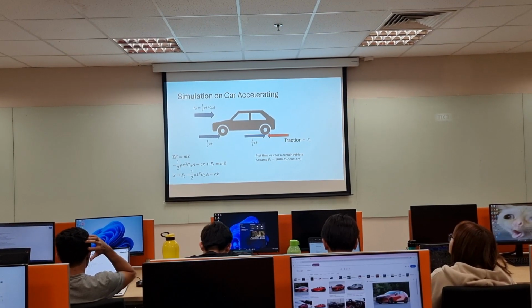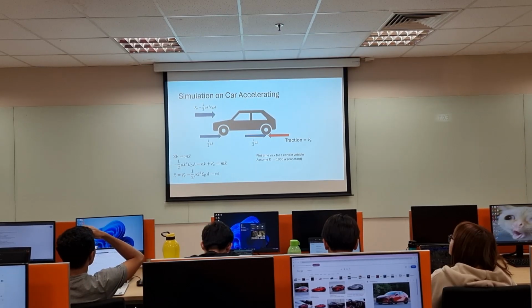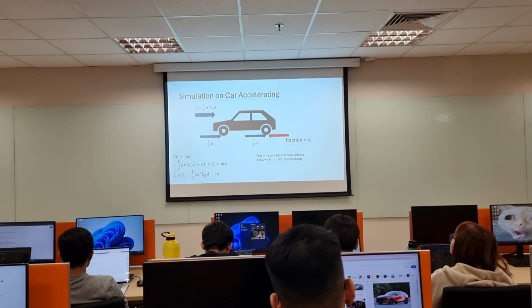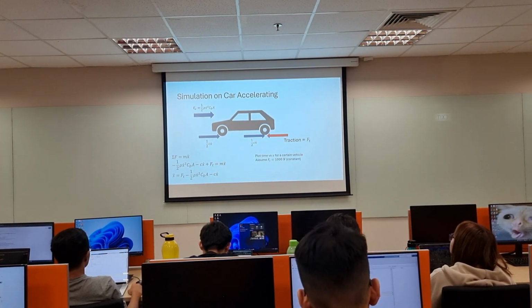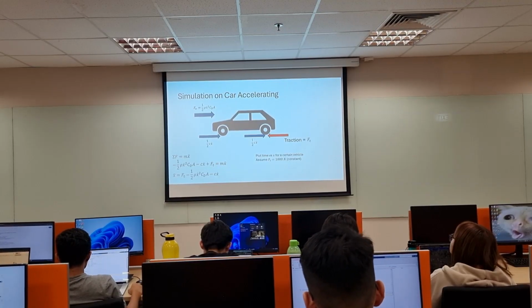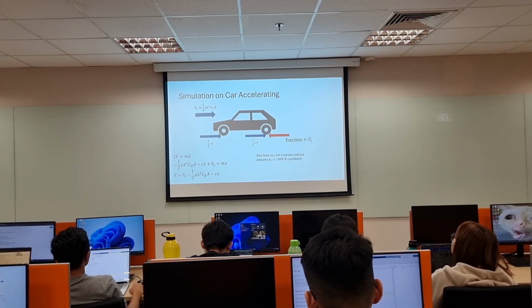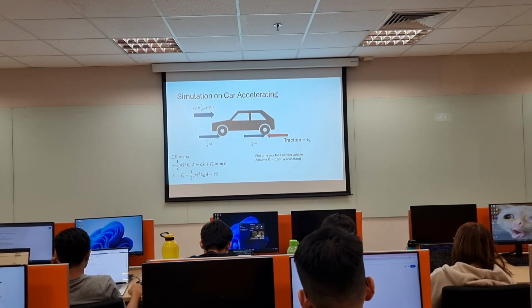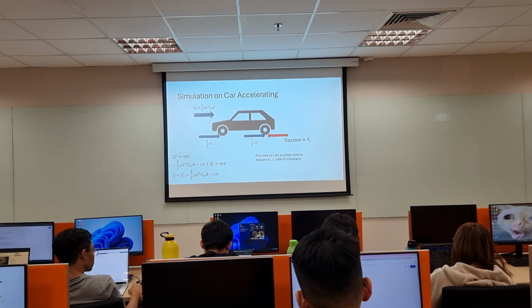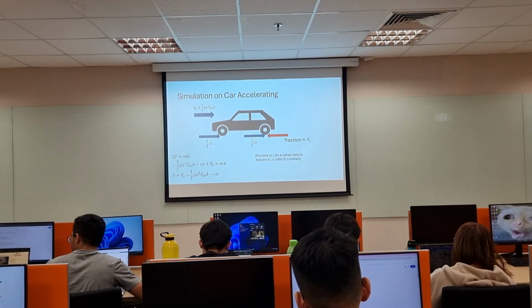A is area, yes. Area of the car, the frontal area of the car.